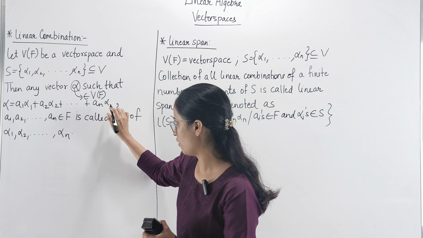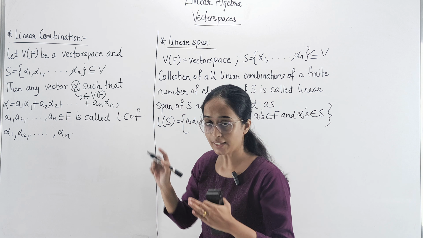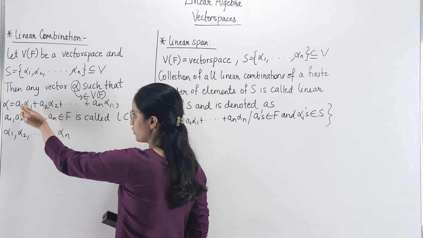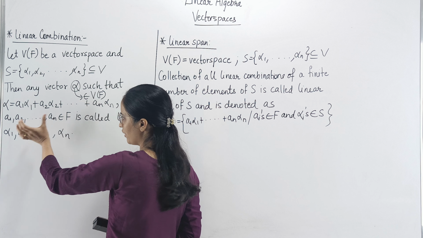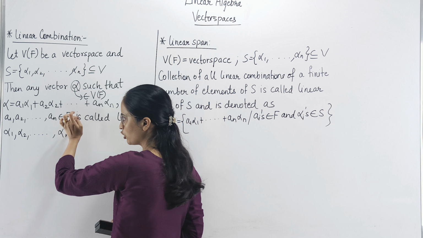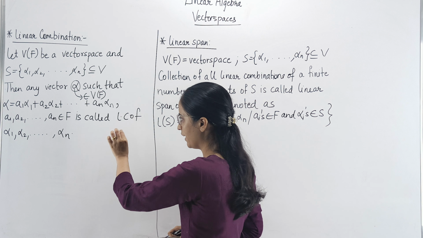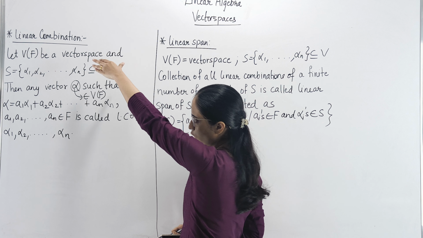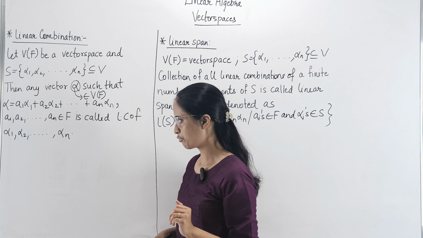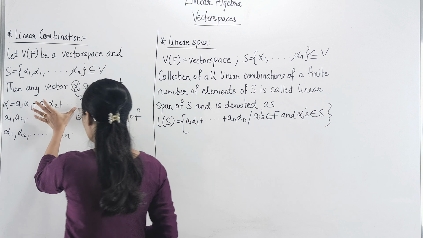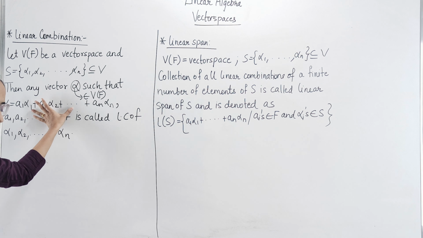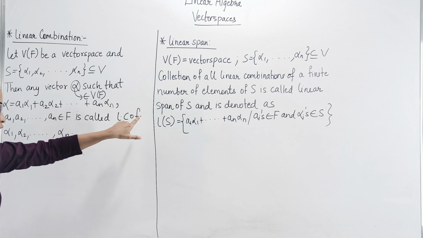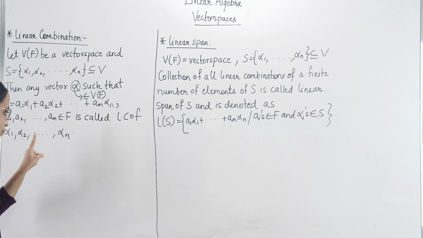It's not alpha 2, it's alpha n. Such that the scalars, the a i's, a1, a2 and so on up till an belong to the field F, and these alpha i's of course belong to the subset of V that we have taken. Then this particular expression we call as the linear combination of alpha 1, alpha 2 and so on up till alpha n.